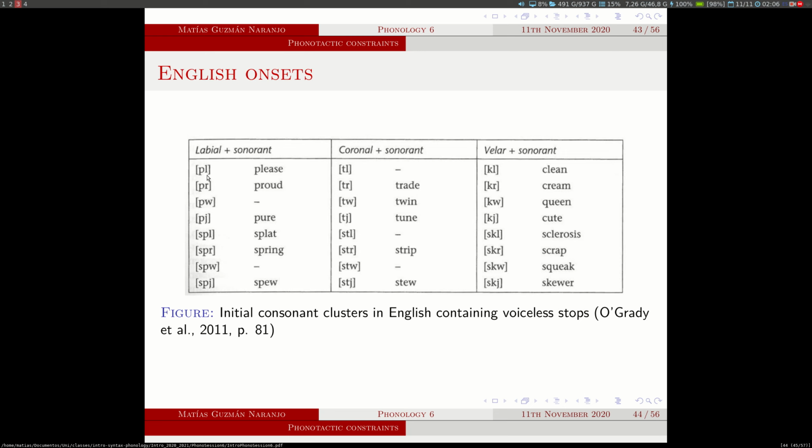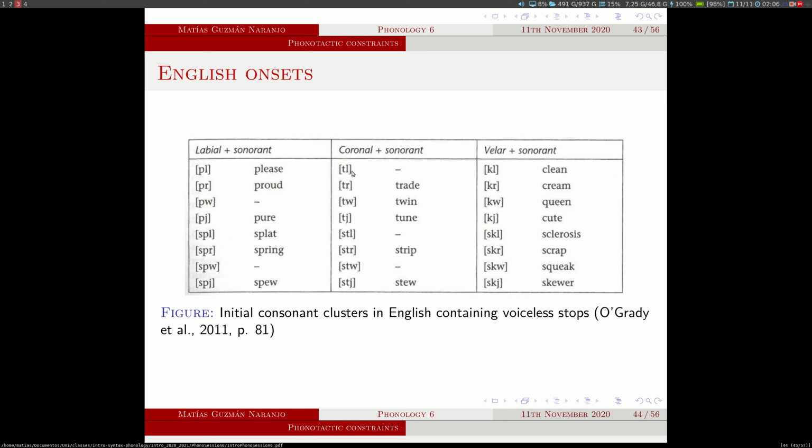Here is an example of combinations which are allowed. For example, pl, pr, spl, spr, sp are all allowed, but some others aren't, at least not in English. Tl isn't allowed in English. It is allowed, however, in Spanish or Nahuatl. For example, Nahuatl has tl in it.